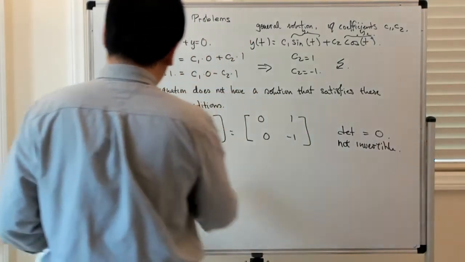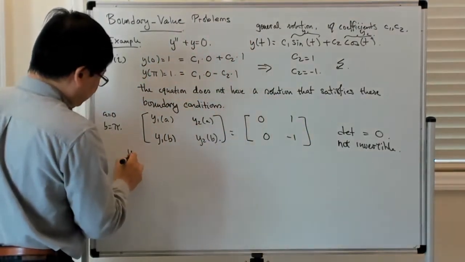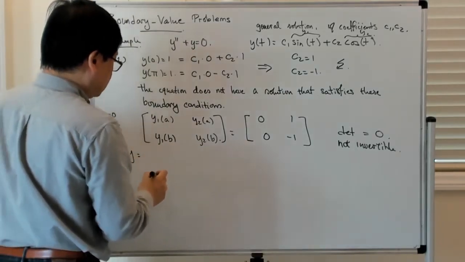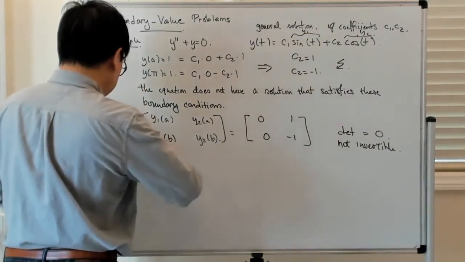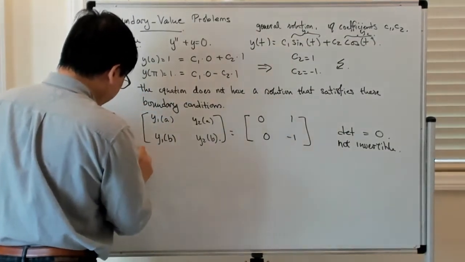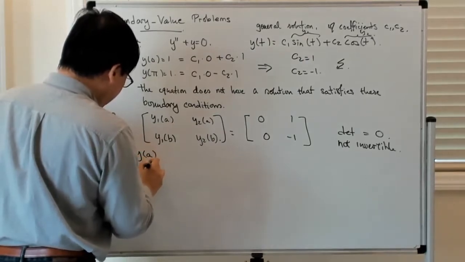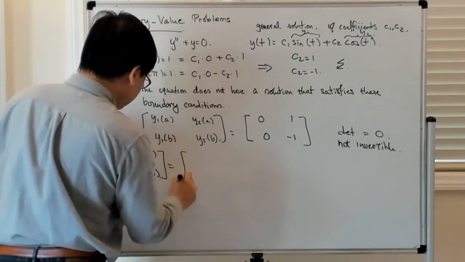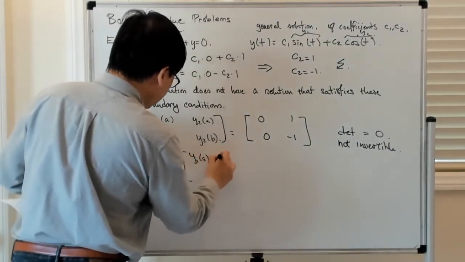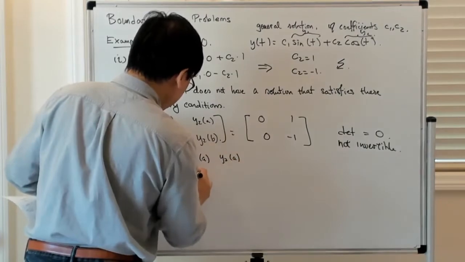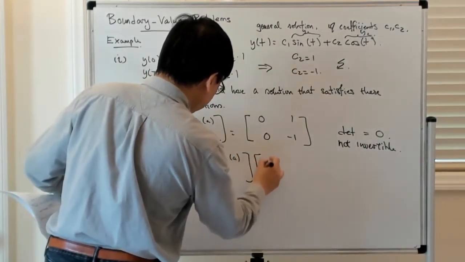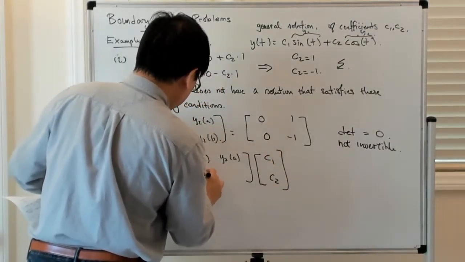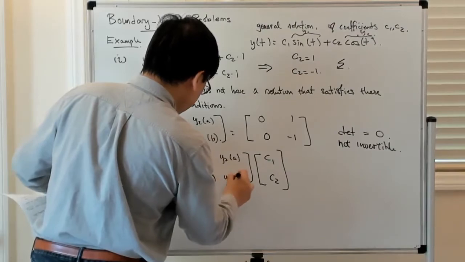If you recall, the reason you did this was because you said that the system you're trying to solve is y at A and y at B, which is the data you're given, equal to this matrix y1a, y2a, multiplied by c1, c2, which is the unknown, and then y1b, y2b.